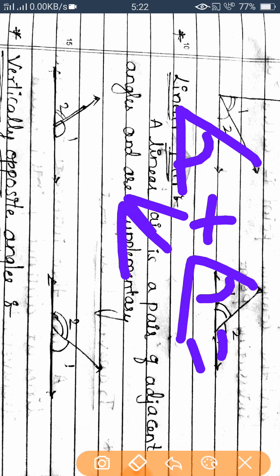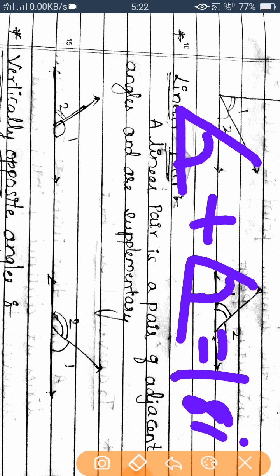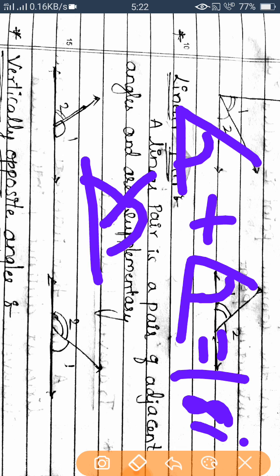Keep it in mind. So linear pair and supplementary are similar, but in supplementary there is no condition at all to get 180 degrees, whereas in a linear pair it should be adjacent angles.